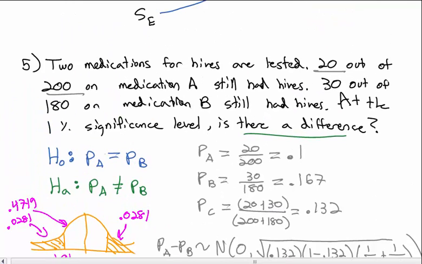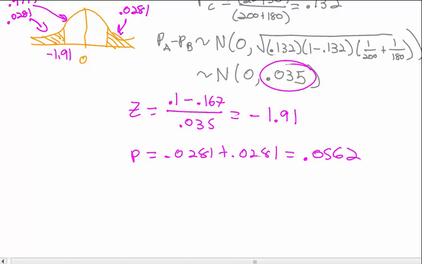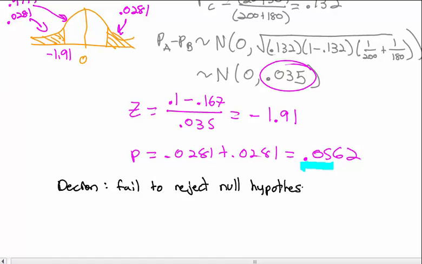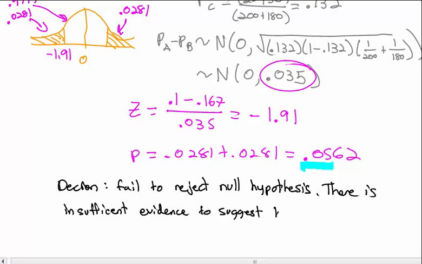And if you remember, we were testing at the 1% significance level. Well, this is 5.6%. So our decision is we will fail to reject the null hypothesis, because there is insufficient evidence to suggest there is a difference in treatment.